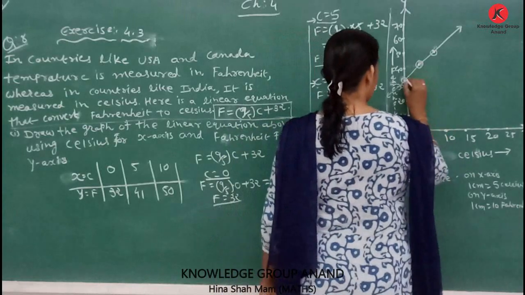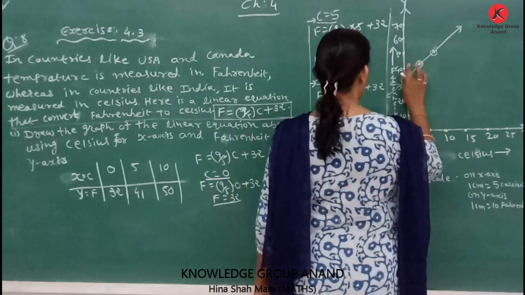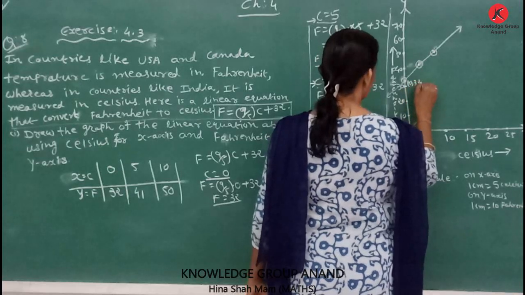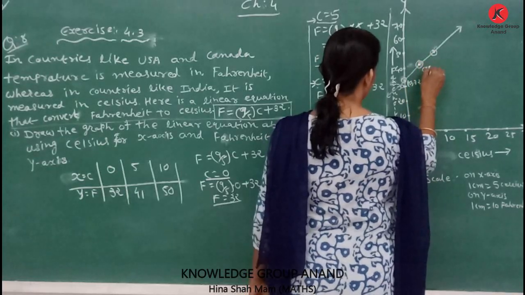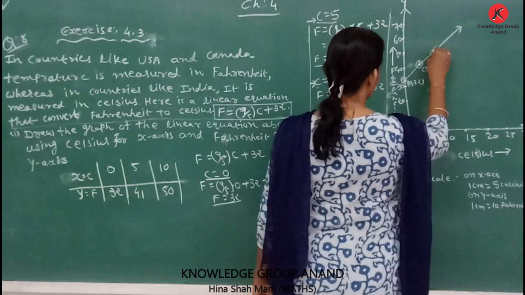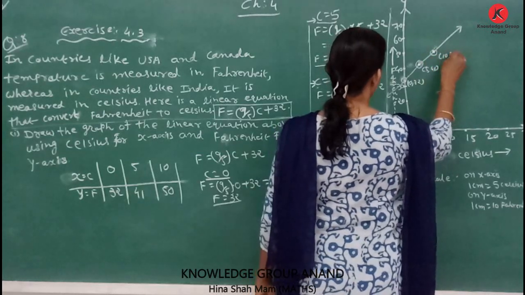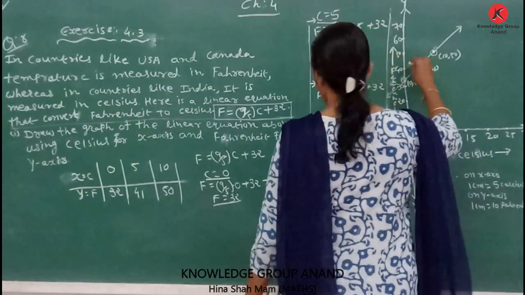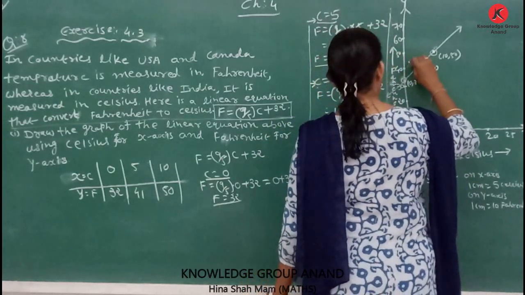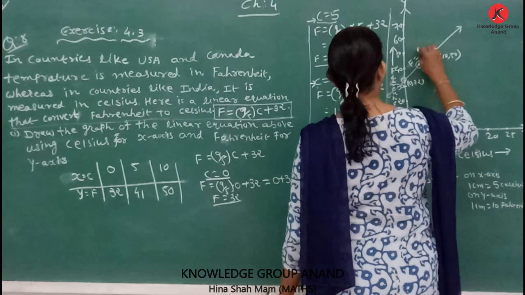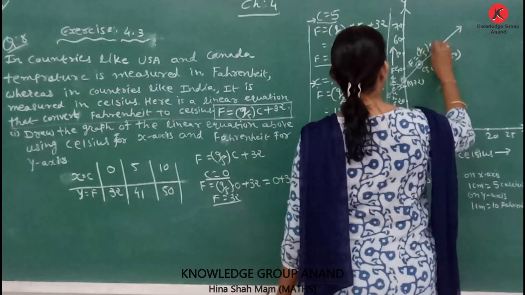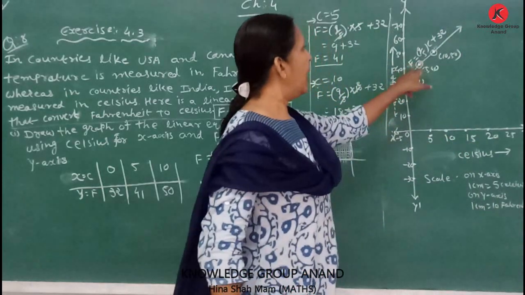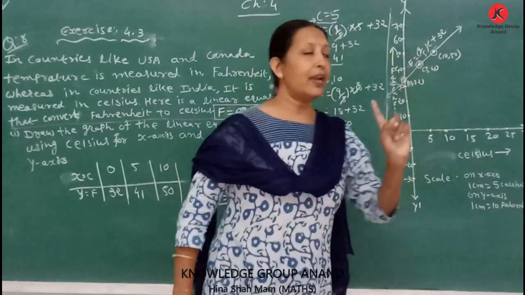Equation is here, these points you write: 0, 32, this point is 5, 41, and this point is 10, 50. Linear equation is F is equal to 9 by 5 C plus 32. Here F and C are variables.